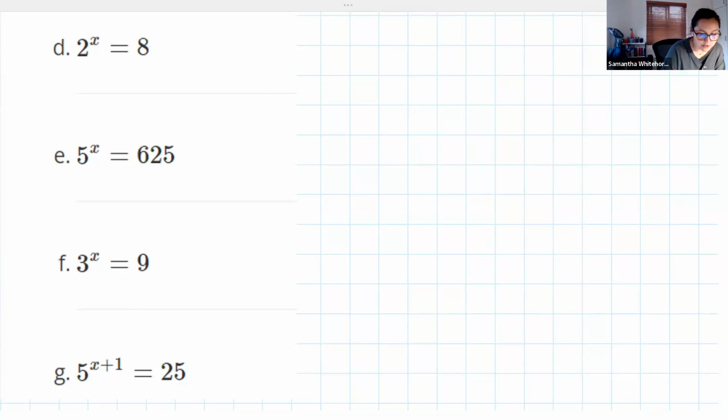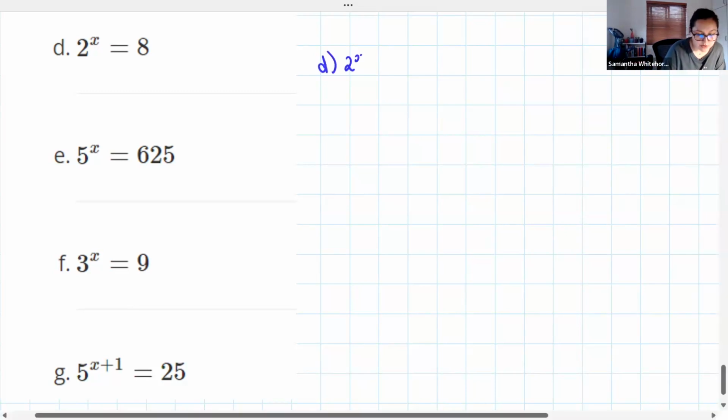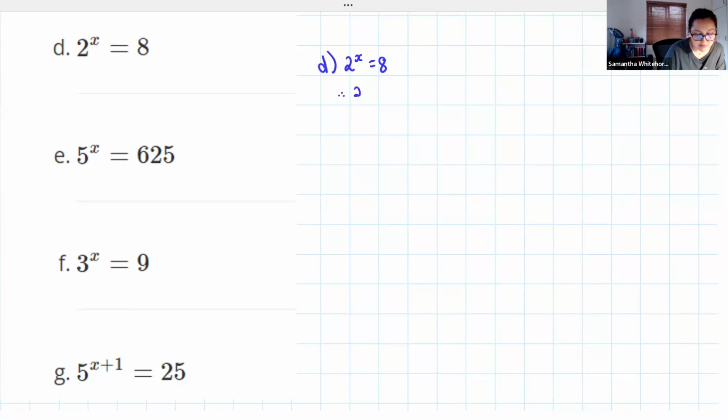All right, so question D, we've got 2 to the power x equals 8. 8 can be written as 2 to the power 3, which means that x is equal to 3 for question D. For question E, we've got 5 to the power x equals 625. 625 can be written as 5 to the power 4, so x is equal to 4.